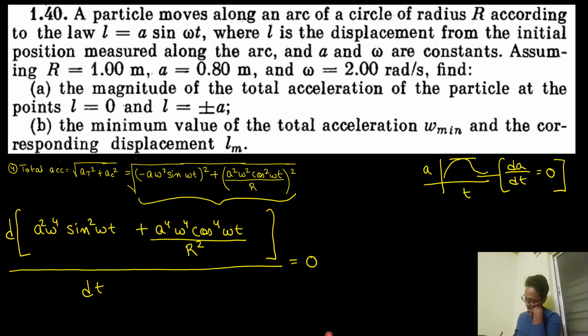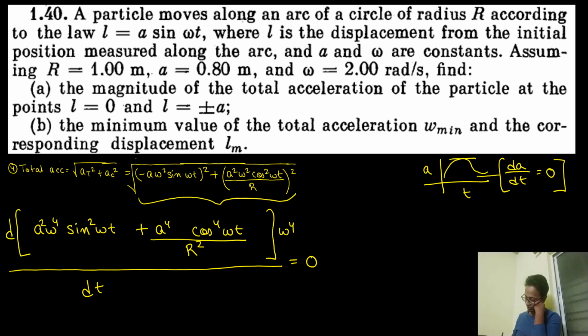Instead of making it neat, let's take the constant out here. What can I take as constant? A square omega to the power 4 can be taken as constant. Differentiation of any constant is equal to 0. So I can take the constant outside the differentiation.